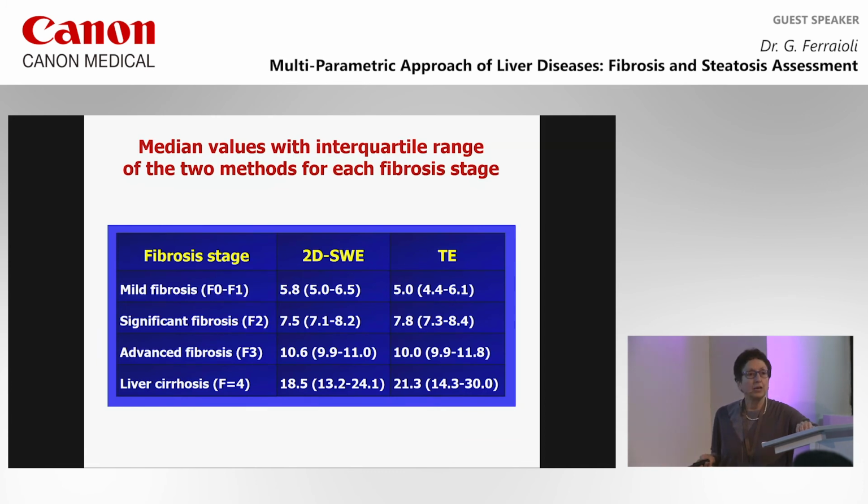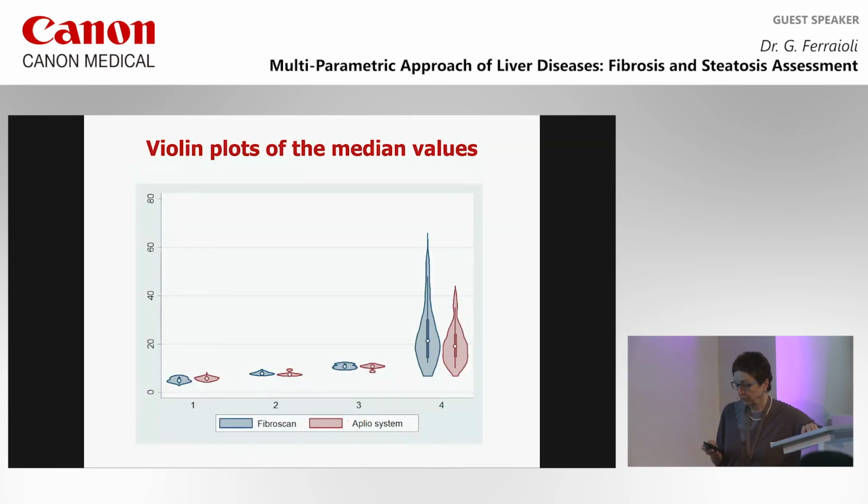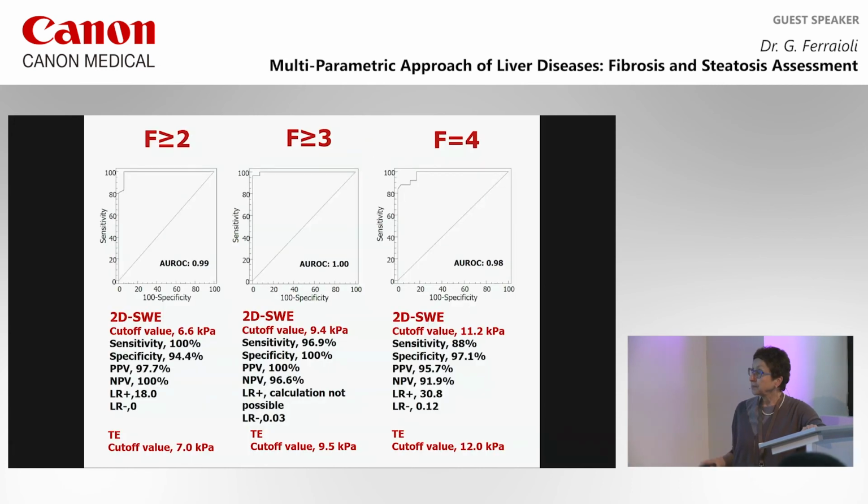The median value obtained in our series, as I said before, for liver cirrhosis with the two-dimensional shear-wave elastography is a lower value with respect to transient elastography. The violin plot for each stage of liver fibrosis, and these are the cutoff values that we have obtained in our series.